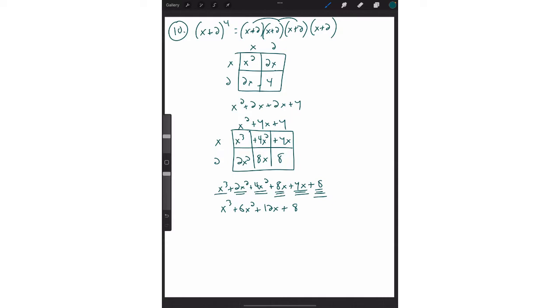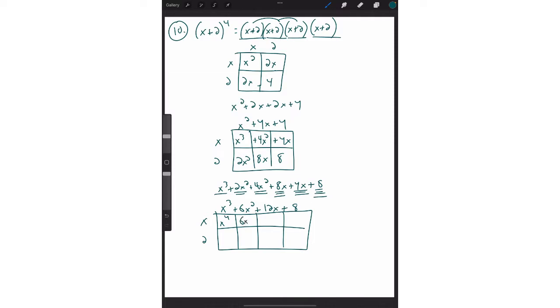All right. And if I were to then multiply that, we multiplied this, this, and this. Now we have to multiply by the last one, x plus 2. This is where they start getting a little bit bigger here, right? You just got to go through and multiply these. X times x to the third is x to the fourth.